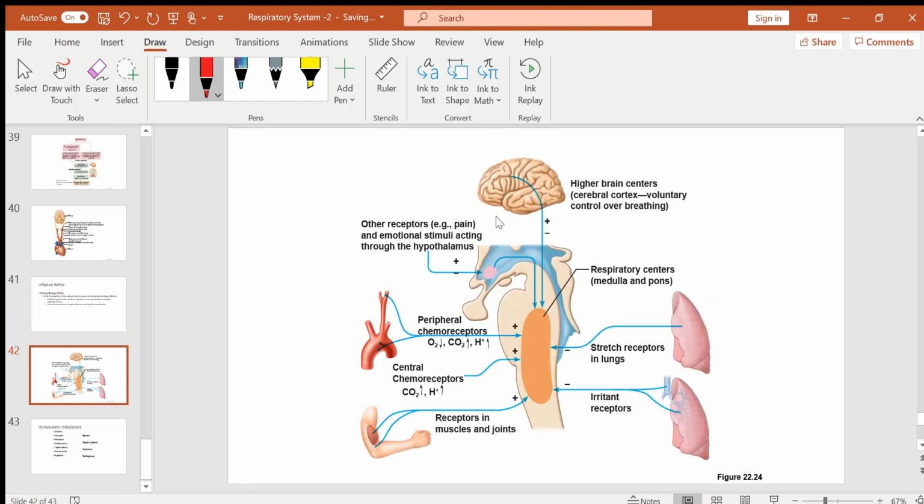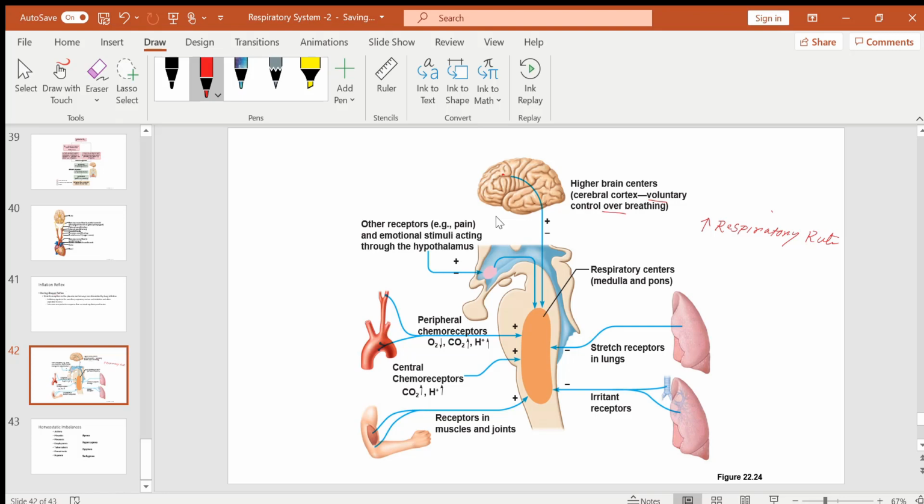Okay, the factors that increase or decrease the respiratory rate and depth. So, what are the factors that increase the respiratory rate? One is your cerebral cortex. You have voluntary breathing centers. If I ask you to increase the rate voluntarily, you can do that, right?